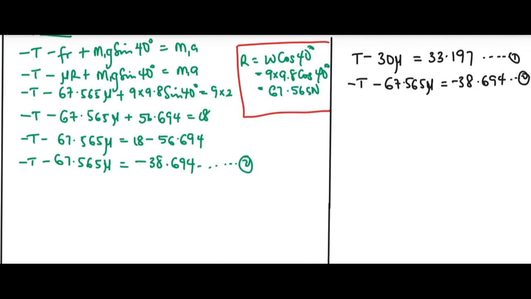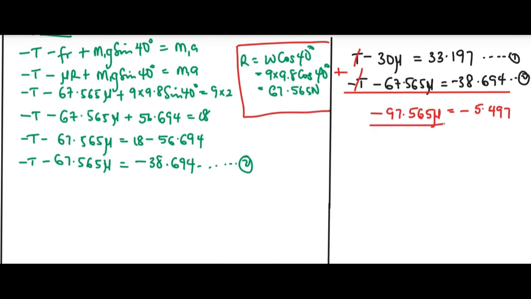To solve simultaneously, add the two equations. So this, take out this. What I have left is minus 97.565 mu equals minus 5.497.